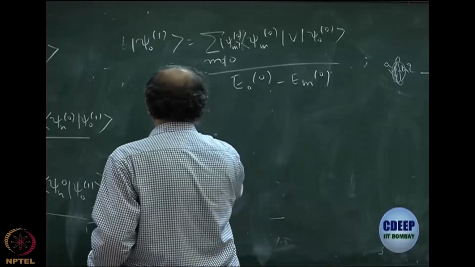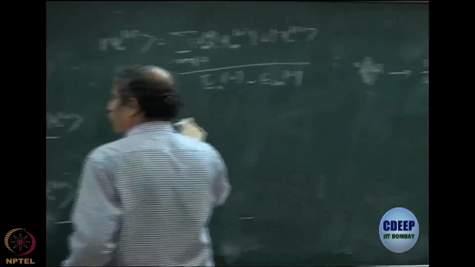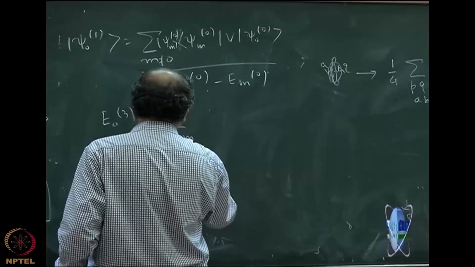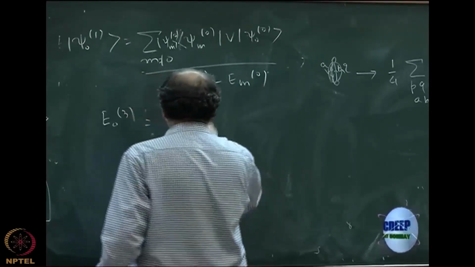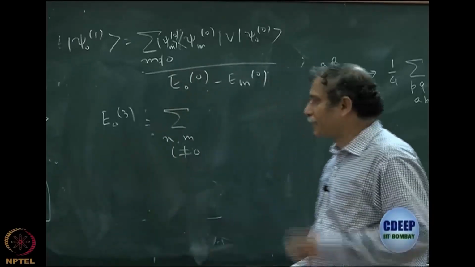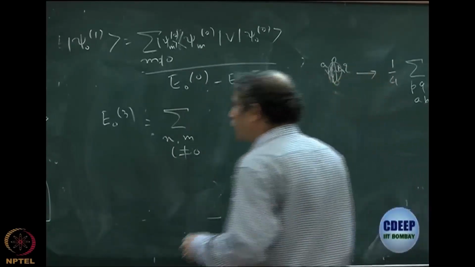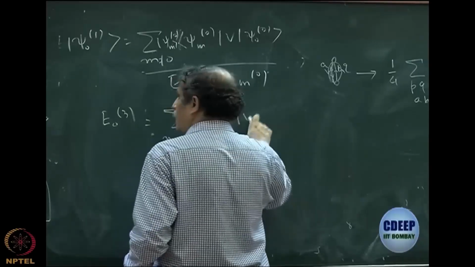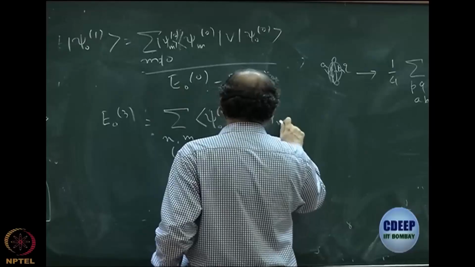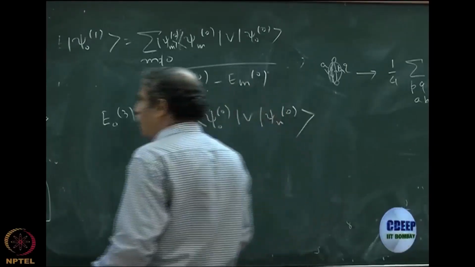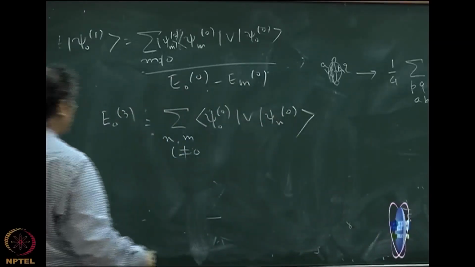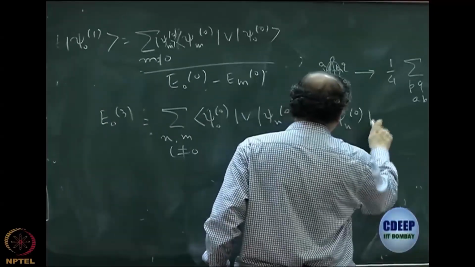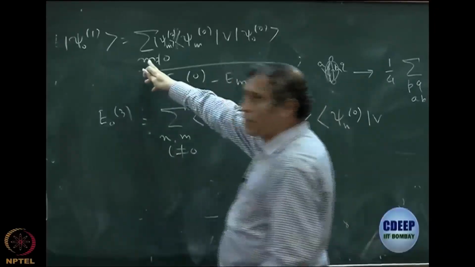So then your E03 becomes, let's do it carefully, sum over n, sum over m, both not equal to 0. Sometimes they just write a prime here to indicate that 0 is excluded. You have psi 0 0, V psi n 0, that's the first term. Now I am multiplying this, psi n 0, V, and now I have to bring psi 0 1.